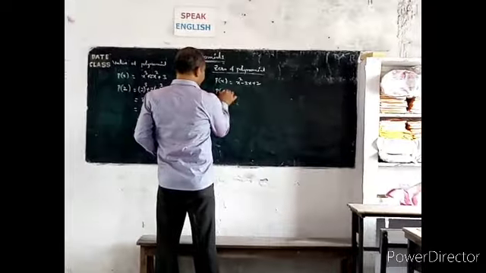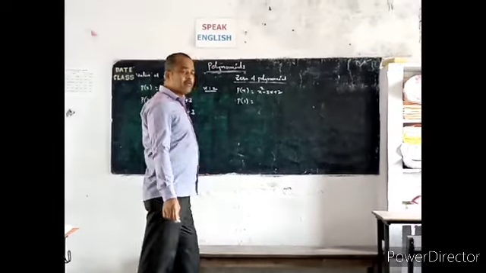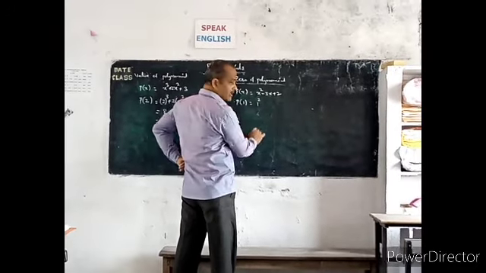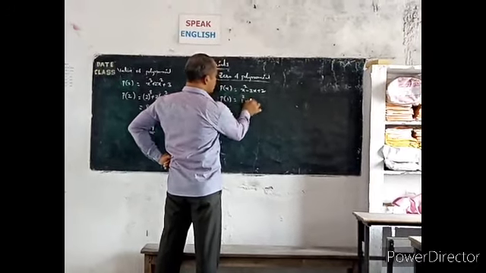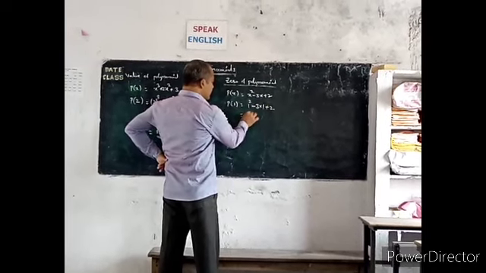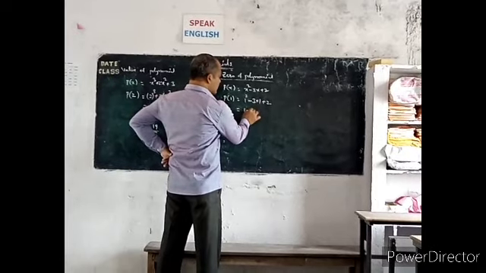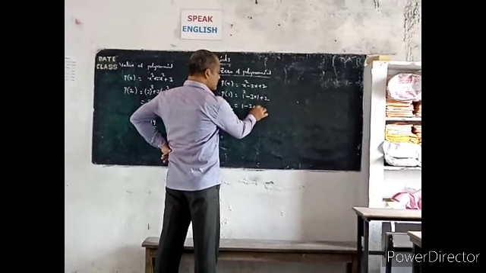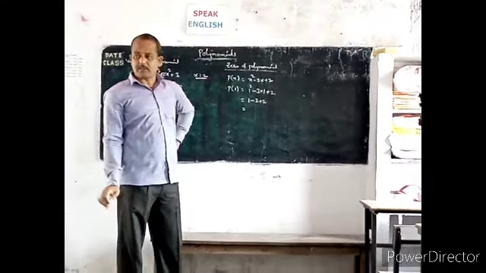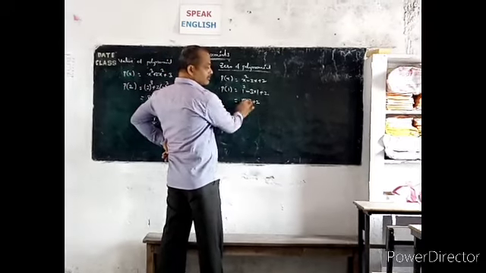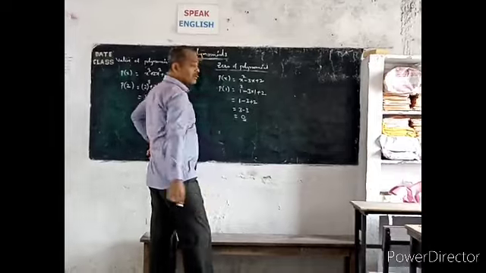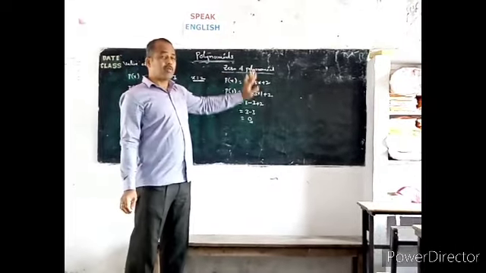P of 1: 1 square, minus 3 into 1, plus 2. 1 square is 1 only. Minus 3 into 1 is minus 3, plus 2. Positive digits we add together and negative terms we subtract. 1 plus 2 is 3. 3 minus 3 is 0. So 1 is a 0 of this polynomial.